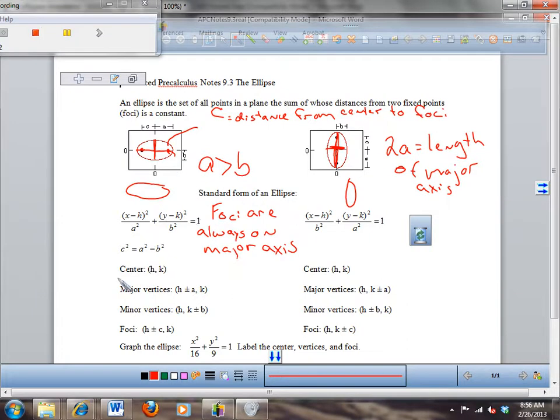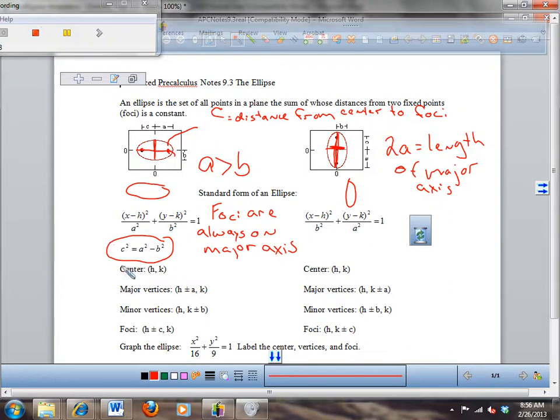So then you can do all this stuff. And the other thing that you have to know is that it's kind of like the opposite of the Pythagorean theorem, if you think about it. These are related by the equation c squared equals a squared minus b squared, not like the Pythagorean theorem, which is a squared plus b squared.